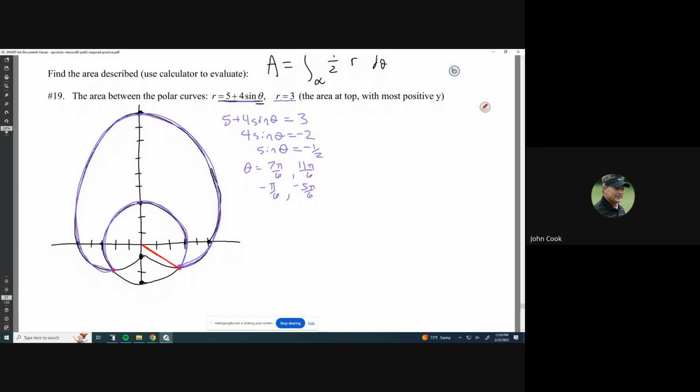Let's use the outside graph as an example. This is the graph of 5 plus 4 sine of theta. I would add up all of the radii from the origin out to there, all these little triangular regions, and that would give me my integral, the area of the polar region.